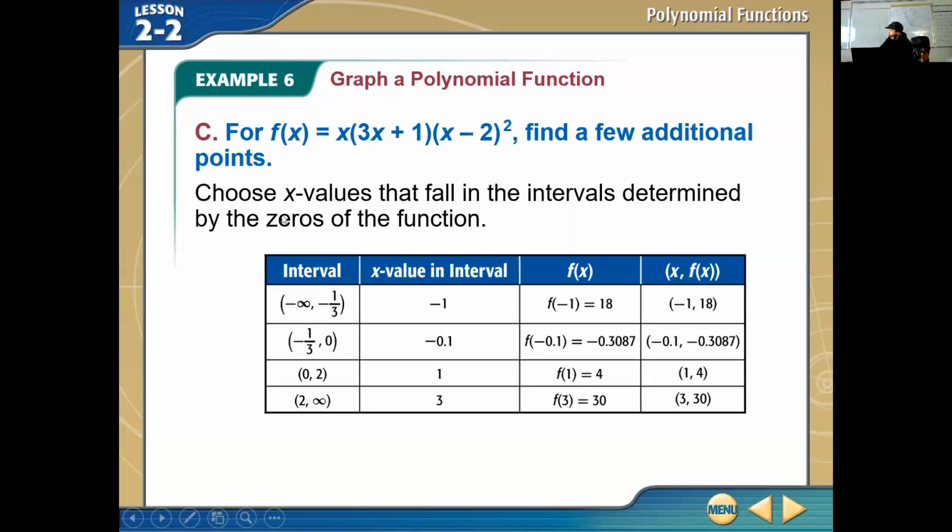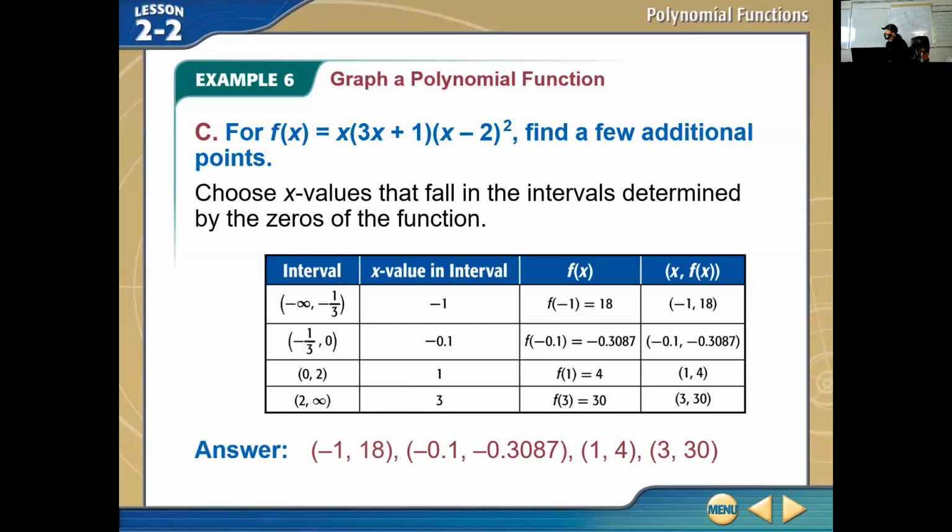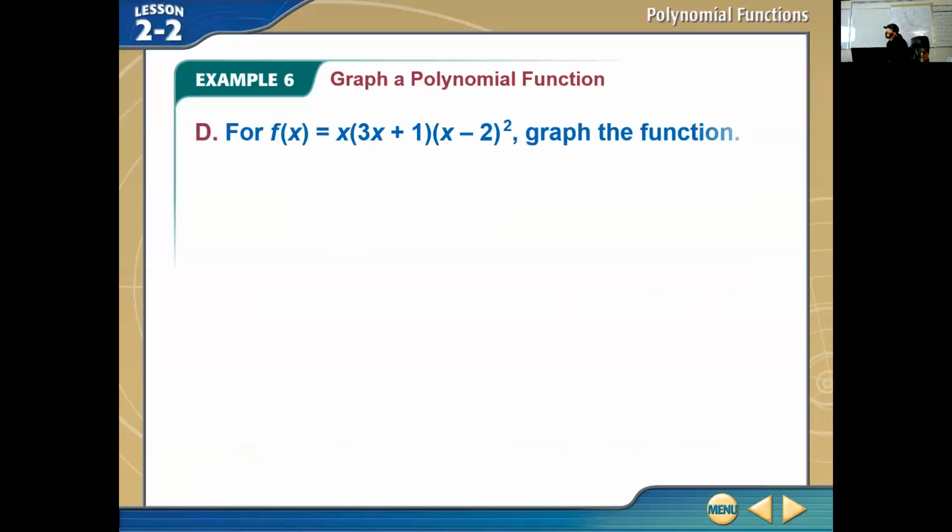We went from positive, now we're negative, now we're back to positive. So they chose a 1 because it's a simple, easy point to use. And then after our 0, they chose a 3. But we got the main points of that graph just by sketching it and knowing what's going on with our zeros. And they're just filling in points to finish it.